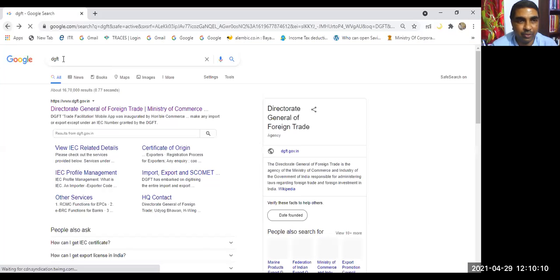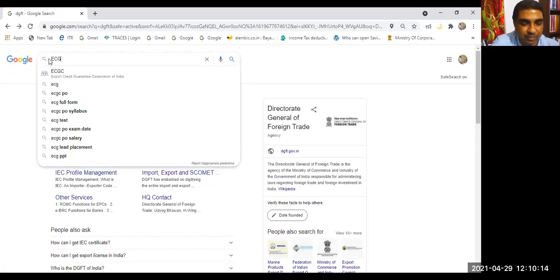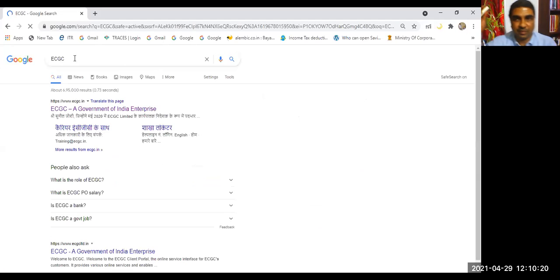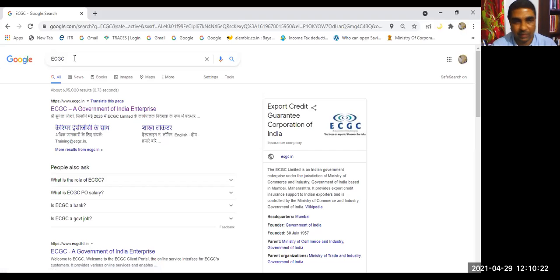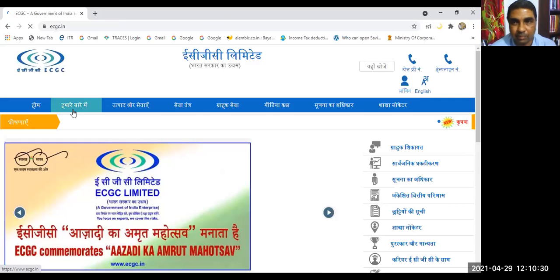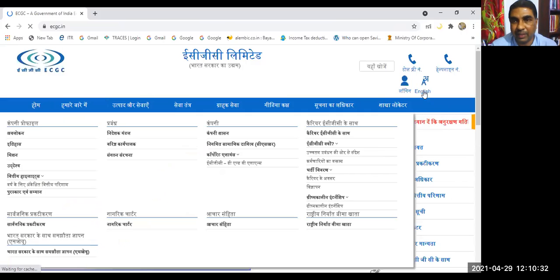Then the next organization I told you to visit the website of is ECGC, Export Credit Guarantee Corporation. Now let me visit their website. Okay, it is appearing in Hindi. We'll convert it to the English version.